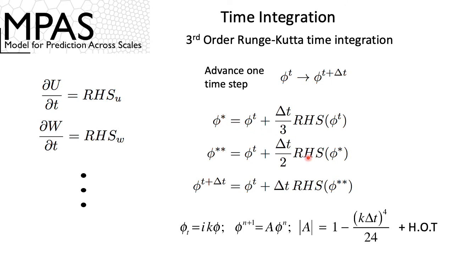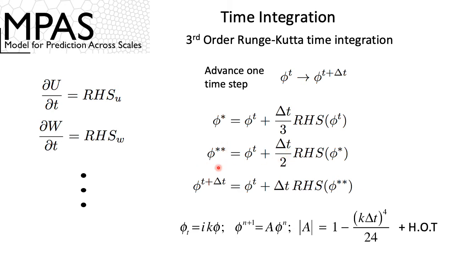The second part of the Runge-Kutta step is to take that predictor, nominally at the third delta t time level. We reevaluate all these other terms on the right-hand side, and then we start again at time t, and then take a step to the halfway point of the time step, delta t over 2.